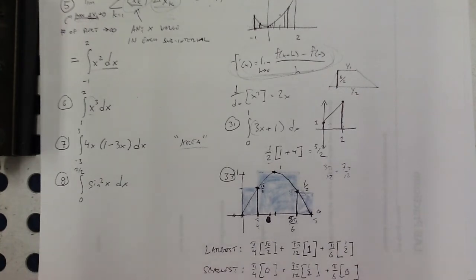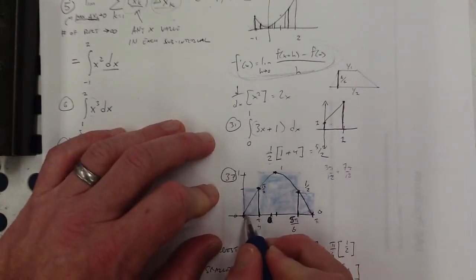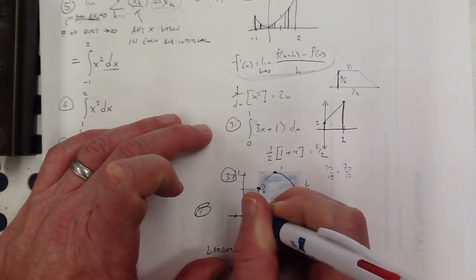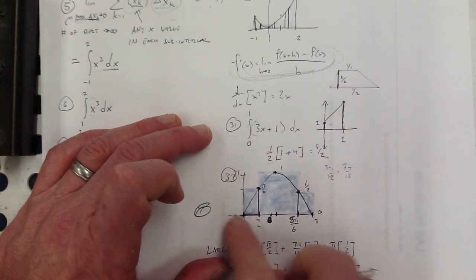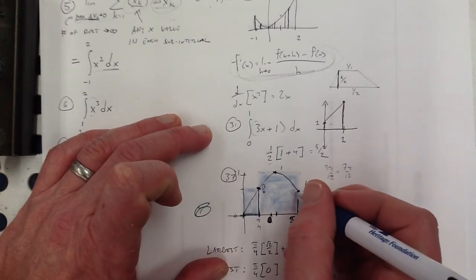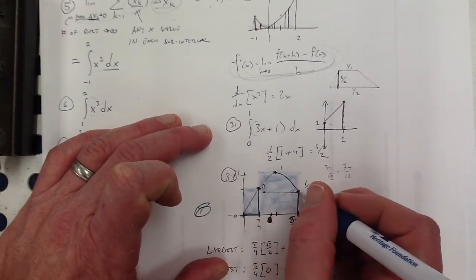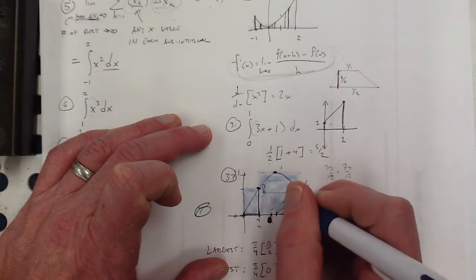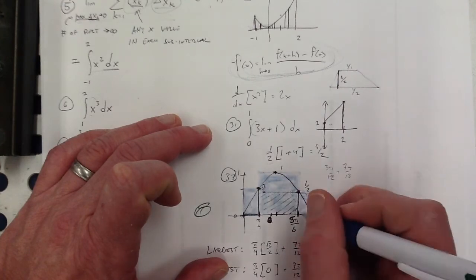And then the smallest would be, where's my, there it is. There, that's like no area, and then here, and then here.